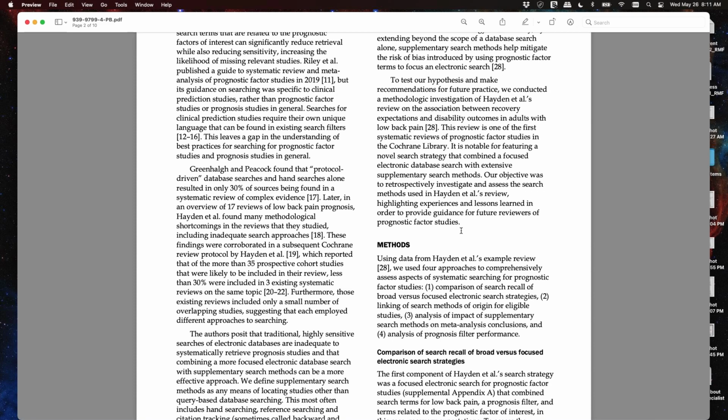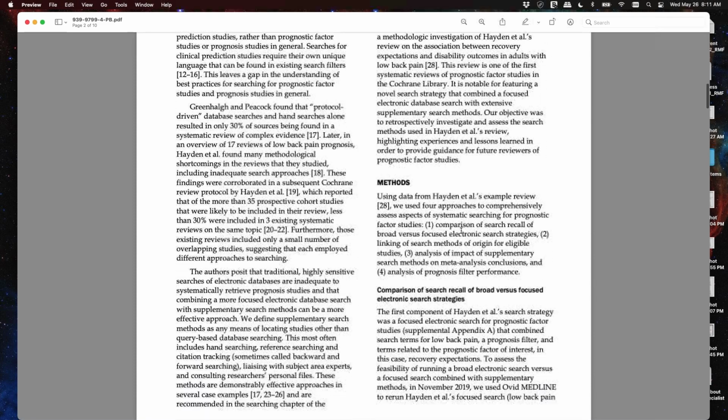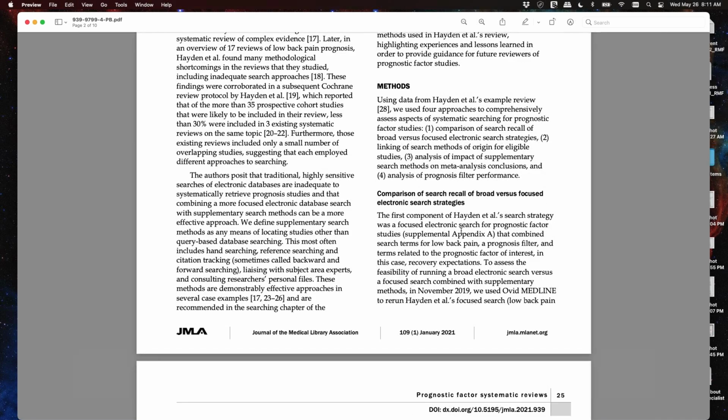So what they did in this paper is they used 4 approaches to assess the aspects of systematic searching for prognostic factor studies. First of all, they compared the search recall of a broad search versus a focused electronic search.